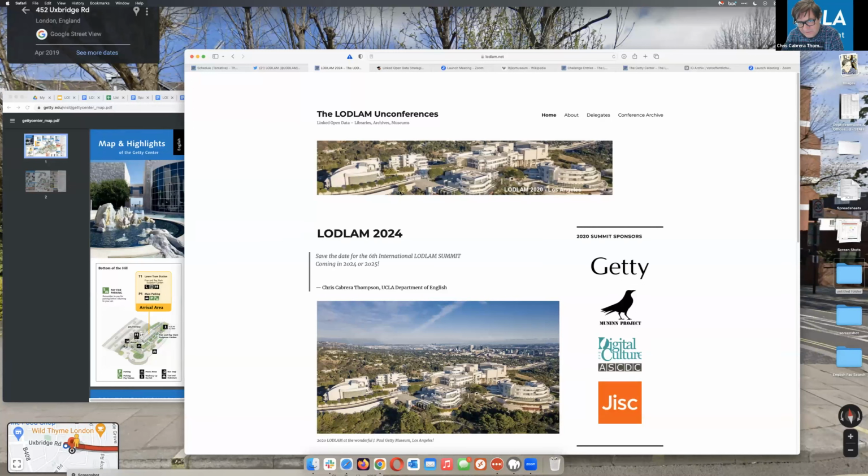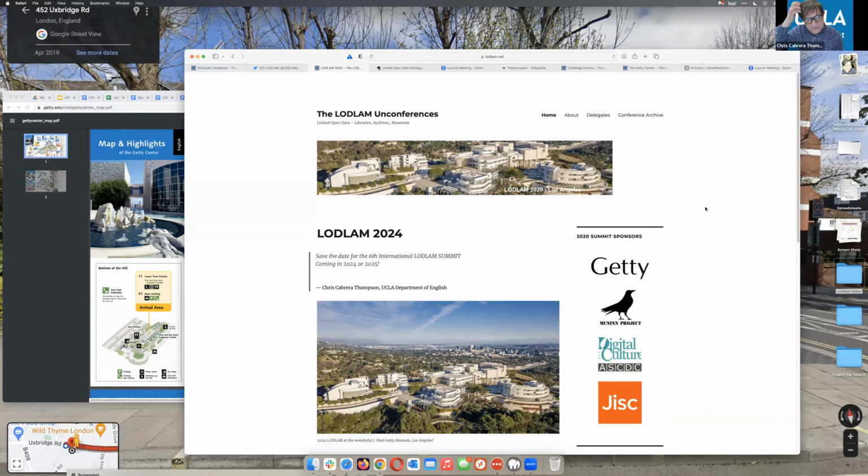We can't do the Netherlands next year because there's a hackathon in Amsterdam. A lot of the folks that presented here from the Rijksmuseum are working on that conference. So we're looking at either doing it in 2024, or depending on the folks who can pull it together, in 2025.